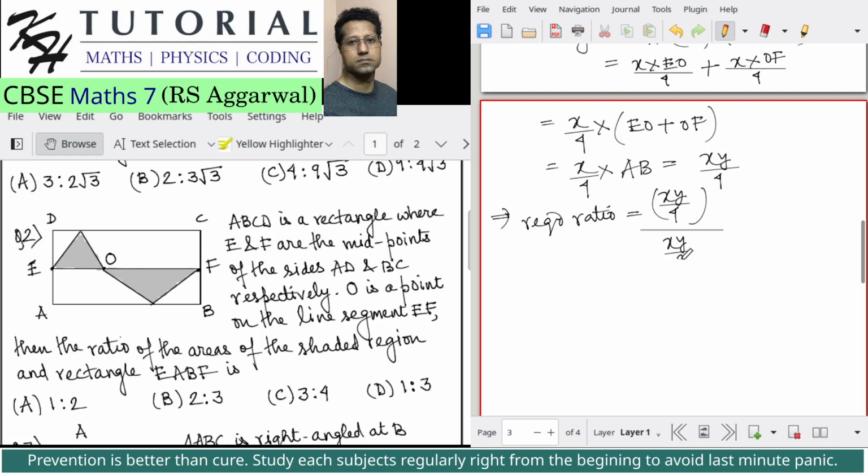If we simplify this, it will be xy by 4 multiplied by 2 by xy, and this is equal to half, which is equal to 1:2. So the required ratio is 1:2, and hence the correct choice is A. A is the correct choice.